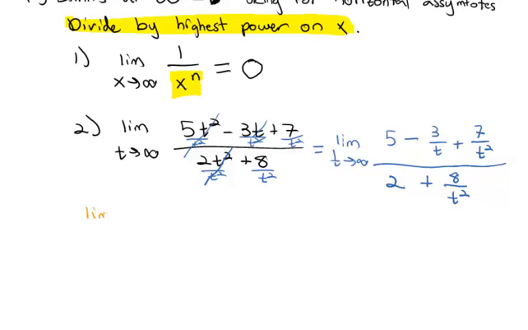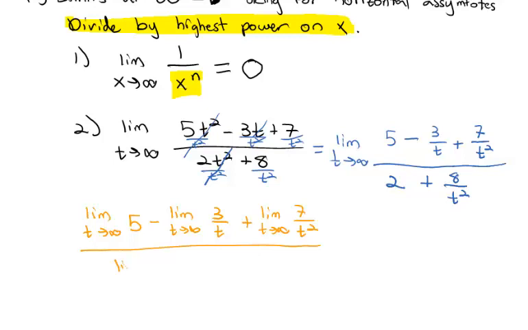So we're going to take the limit as t goes to infinity of 5 minus the limit as t goes to infinity of 3 over t plus the limit as t goes to infinity of 7 over t squared, all over the limit as t goes to infinity of 2 plus the limit as t goes to infinity of 8 over t squared.